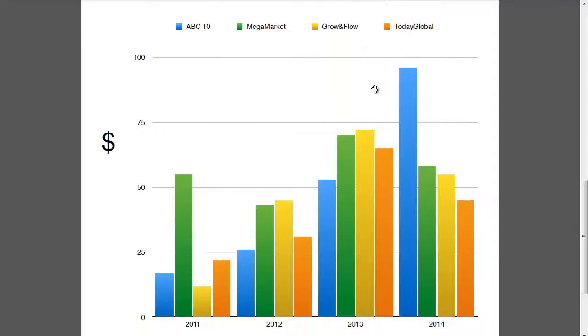So we can see that the profits of the ABC 10 company, the blue color, right, are increasing throughout the range of years, reaching their peak in 2014, right? Except for ABC 10, all profits drop in 2014, as we can see here.